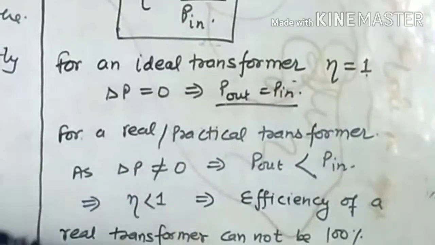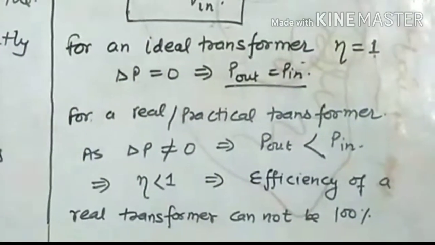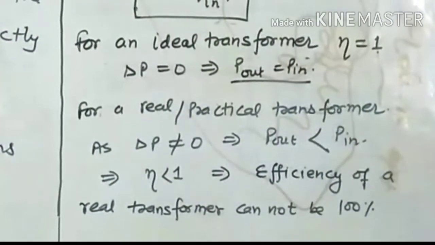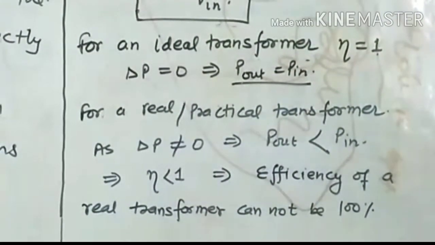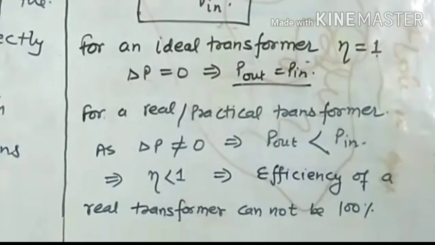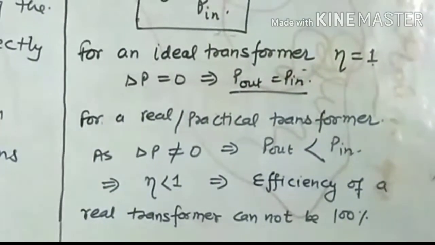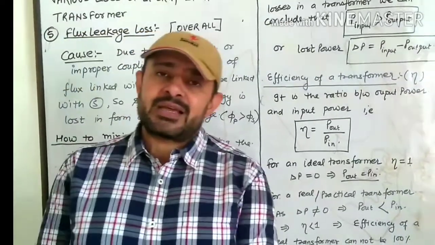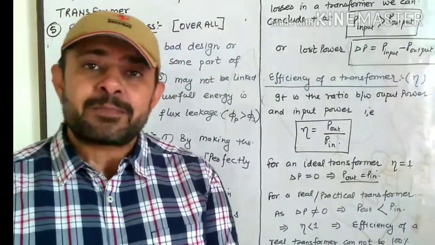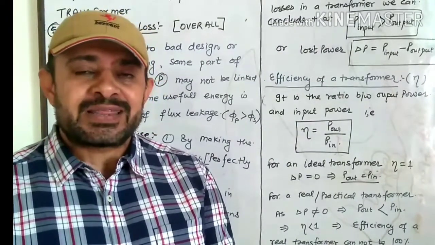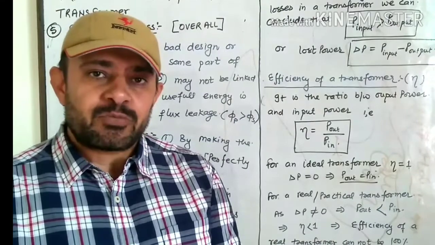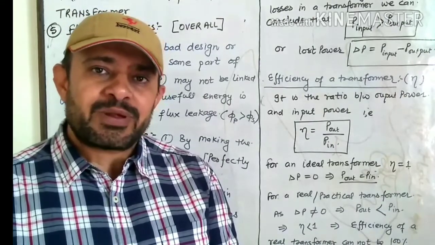It is less than 1. Or we can conclude that the efficiency of a real or practical transformer cannot be 100%. Although it is fairly high, for real transformers of good quality, this efficiency is around 90 to 99%, means 0.9 to 0.99, but cannot be 1 in real transformers. In an ideal transformer it is 1.